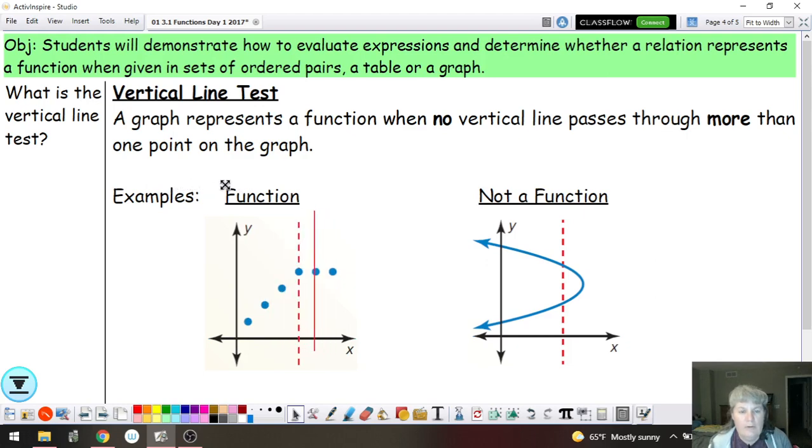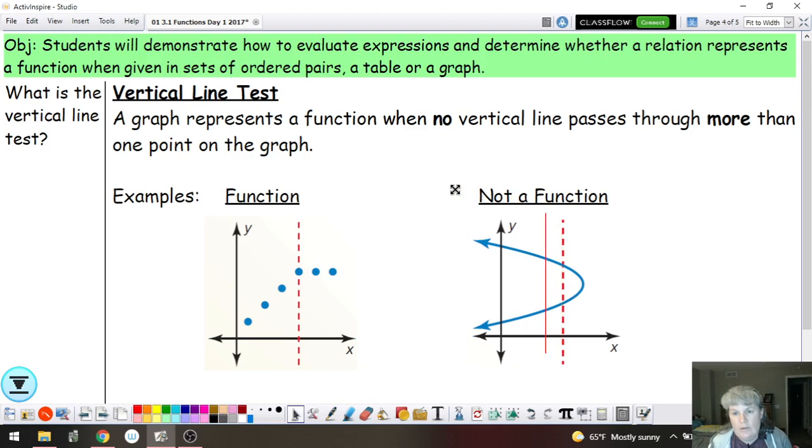Now keep in mind, a vertical line has the equation x equals. So all of the inputs on a vertical line are the same. So when you do the vertical line test, like when I go over here and it says it's not a function, that vertical line is representing the same x input anywhere on that line.